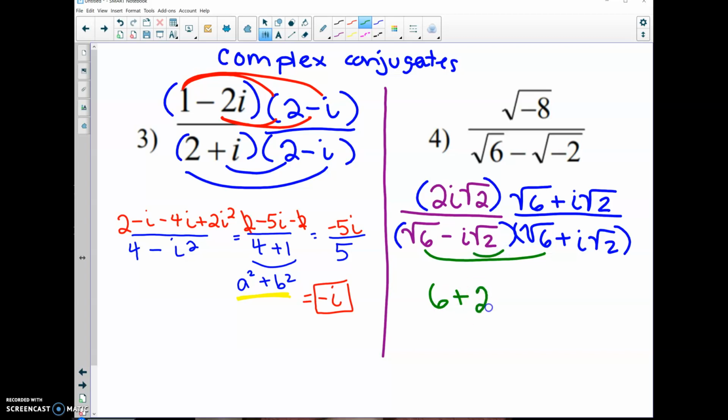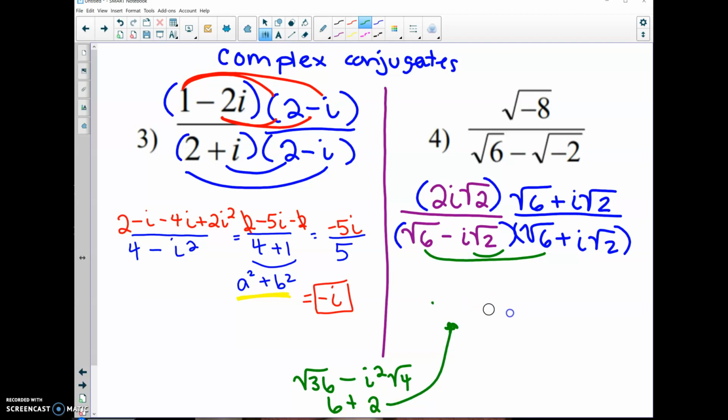So that is just going to be plus 2. If you need to see it off to the side here, that would be the square root of 36 minus i squared times the square root of 4. So 6 minus 2 i squared becomes plus, so that's where the 6 plus 2 comes from.